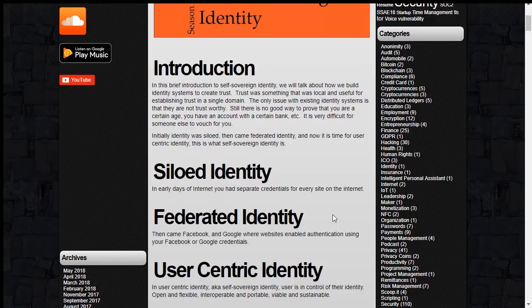So other websites included that capability in their registration and authentication mechanism. So when you went to a certain site, they said you can use your Facebook credentials or Google credentials for logging in, which was great for people because they just had to remember one credential.